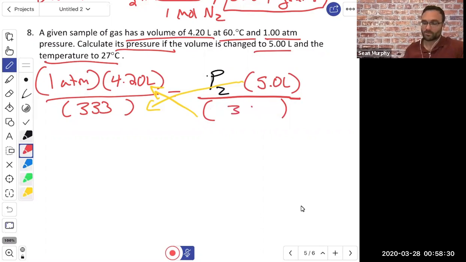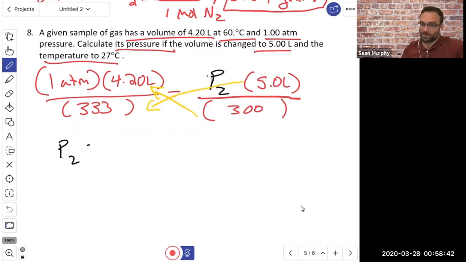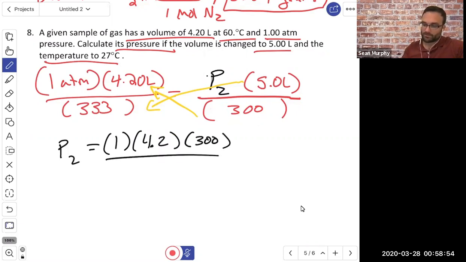All right, so let's move them. Crisscross applesauce. Ka-chow. Not kachuga, but ka-chow. All right, so we've got the 1, we've got the 4.2, we've got the 300, and then we have the 333, and then the 5.